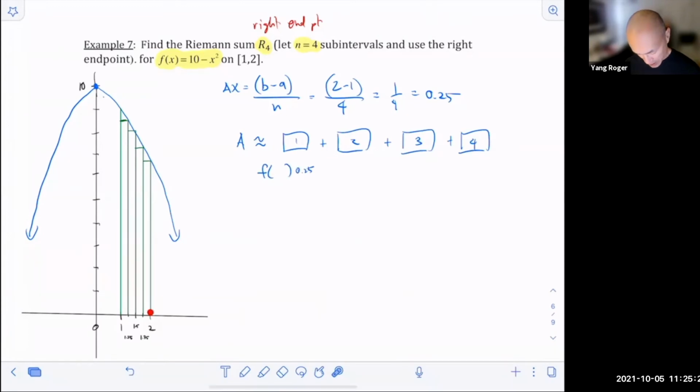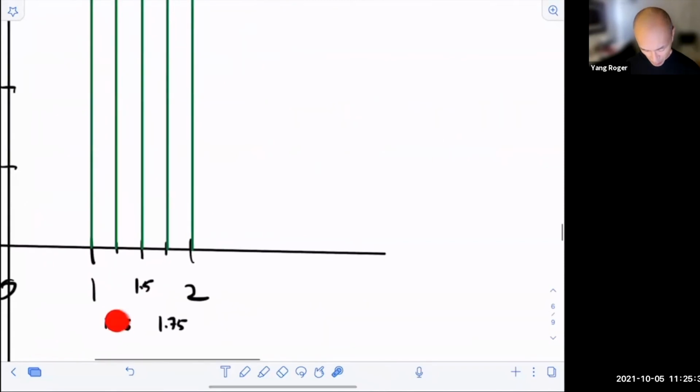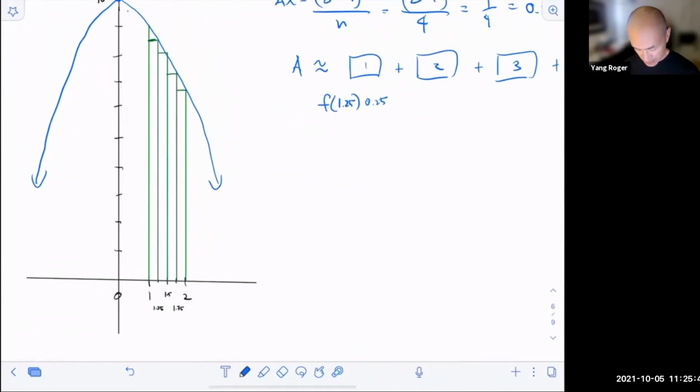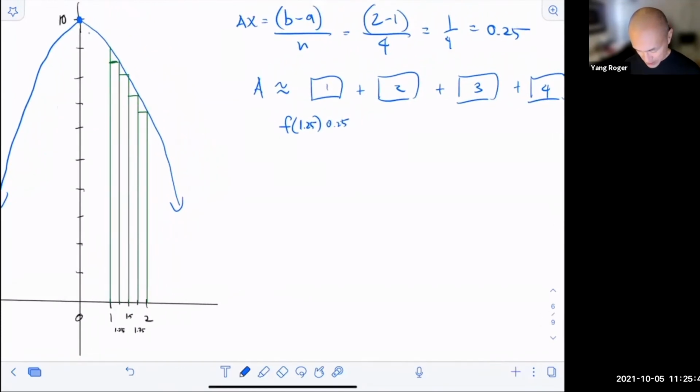Terry, 2 would be over here, but we're looking at the first rectangle right here. So I want to evaluate at a point. Can you guys all see that we want to evaluate at 1.25? That's the right endpoint of the first rectangle. So this is going to be 1.25. When I do the second rectangle, that's going to be f of the next endpoint, which is 1.5 times 0.25.